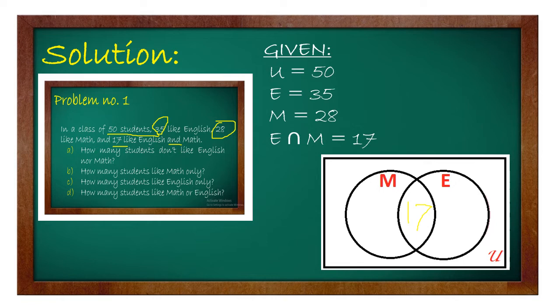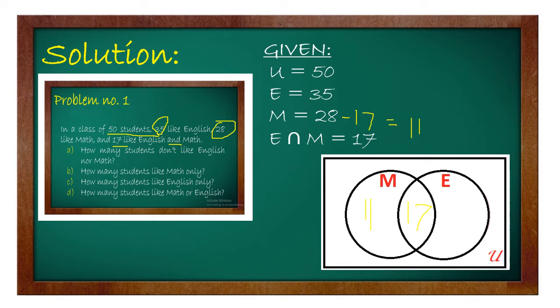And once na nakapaglagay na tayo ng 17, ang next natin ay ang set M. Sabi niya, ang set M daw ay may kabuuan na 28. So, kung titingnan natin yung bilog na set M, meron na tayong 17. Ibig sabihin, yung 28, babawasan natin ng 17. And that will become equal to 11. Ibig sabihin, 11 na lang ang ilalagay natin sa M only.